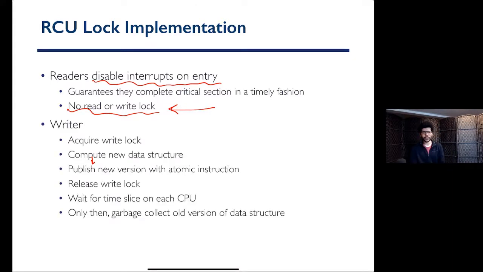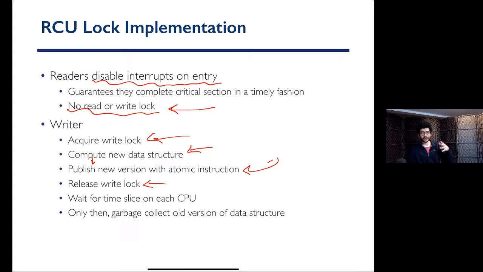The writers, however, need to acquire the write lock. They need to create a new copy. They need to publish their new version with an atomic instruction. So they need to first make all the changes and then atomically change a pointer to release their updates, and then they can release the write lock.